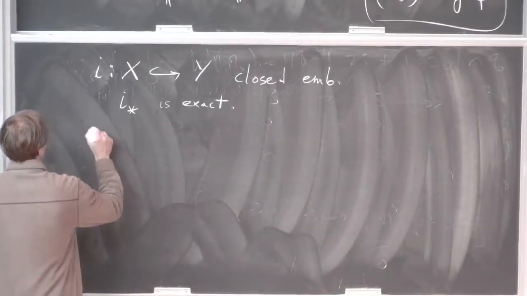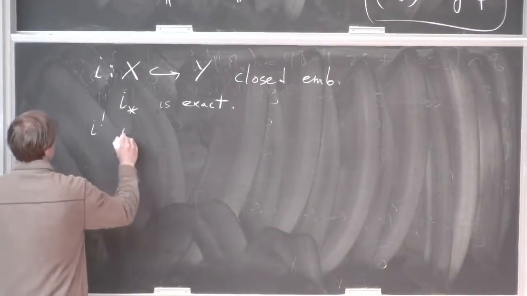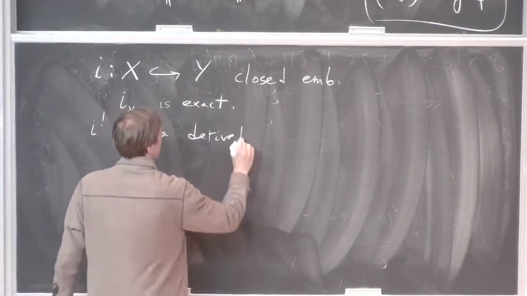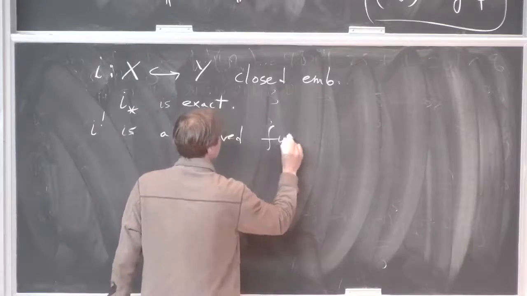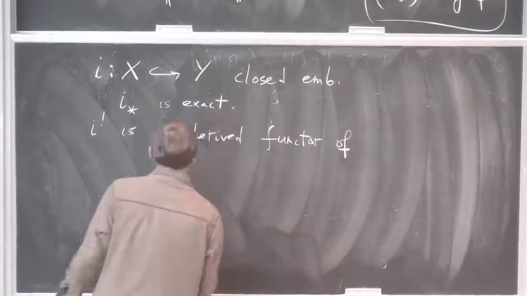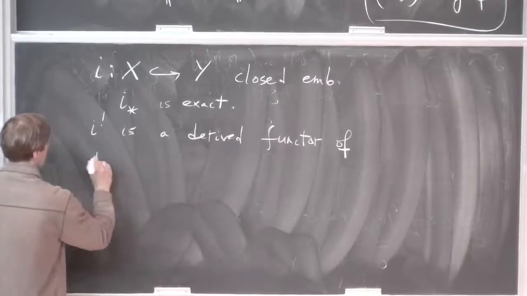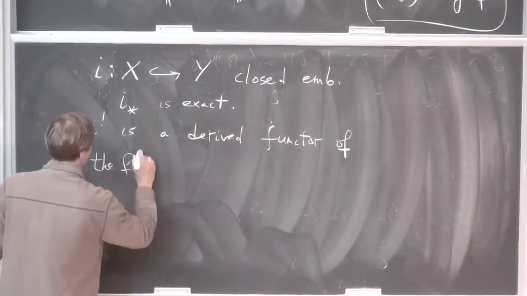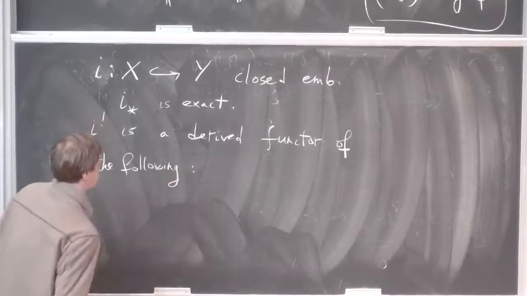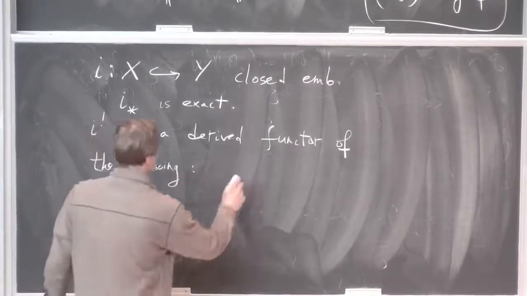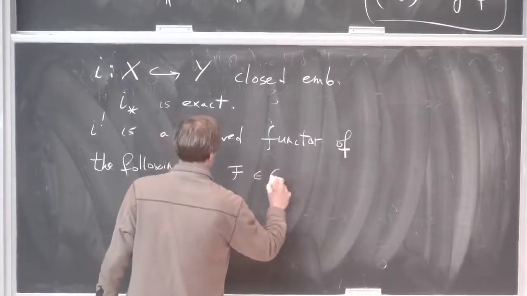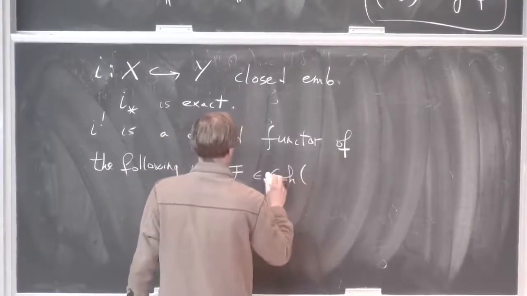So i shriek is a derived functor of the following functor. You take a sheaf on Y, so start with F, just a coherent sheaf on Y, or quasi-coherent.